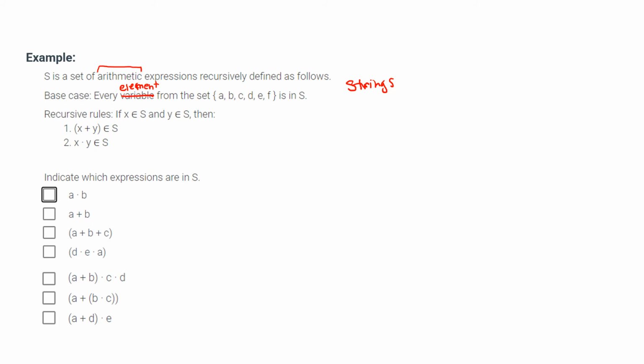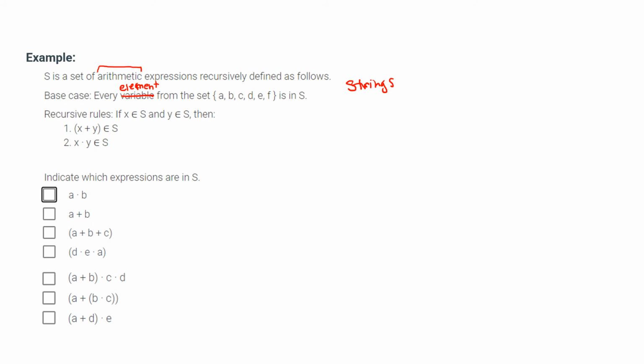So A is in there, B is in there, C is in there, okay? And yes, it looks like arithmetic expressions because they have a plus sign and a dot here. But they're literally saying to put a plus sign in between two elements, okay? And they're saying literally put parentheses around that. So just keep that in mind as we go further on this. So I just want you to know if you look at it as we're really doing regular arithmetic, that's not what this is at all, okay?